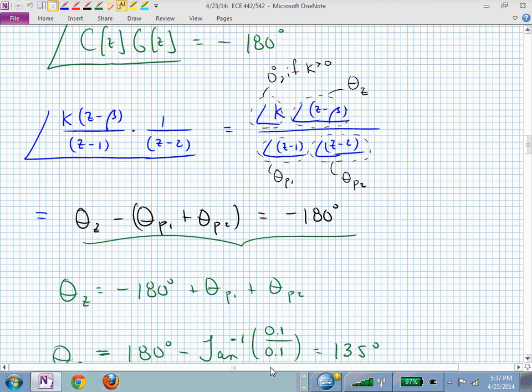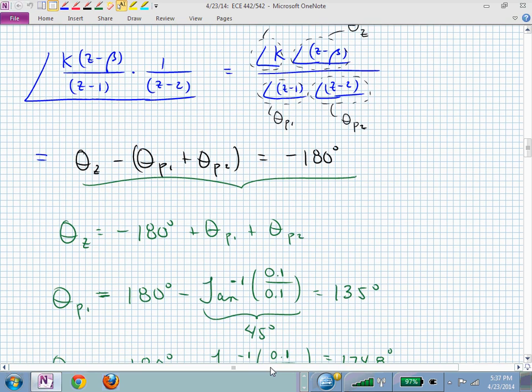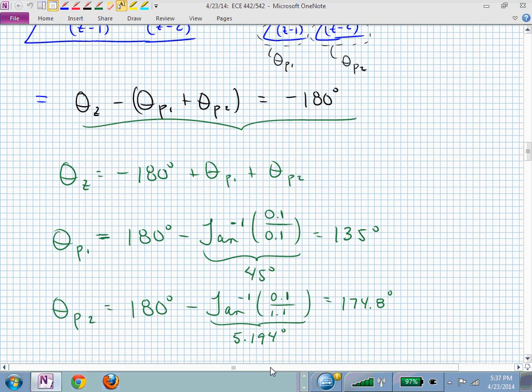If we isolate theta sub z, that's really the only unknown we have in that expression, and we can now calculate theta p1 and theta p2, because theta p1 is determined by that pole at z equal 1. Theta sub p sub 2 is determined by the pole at z equal 2.